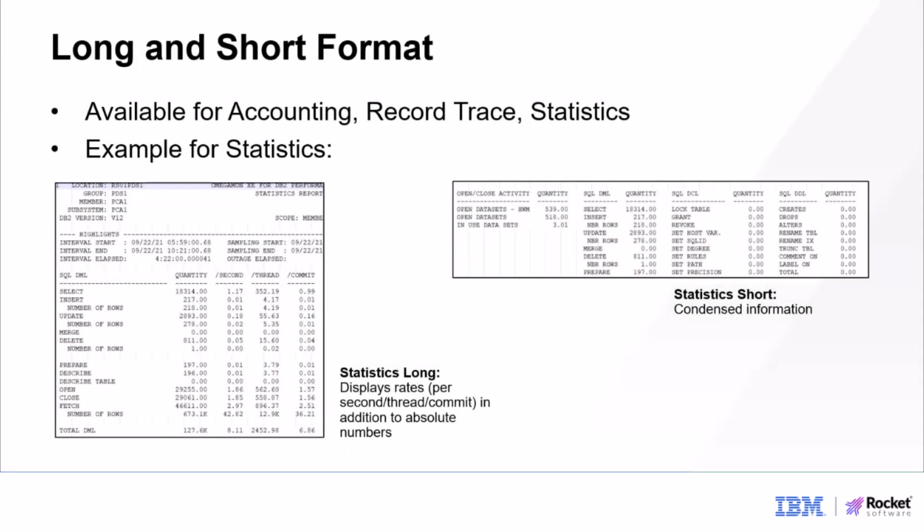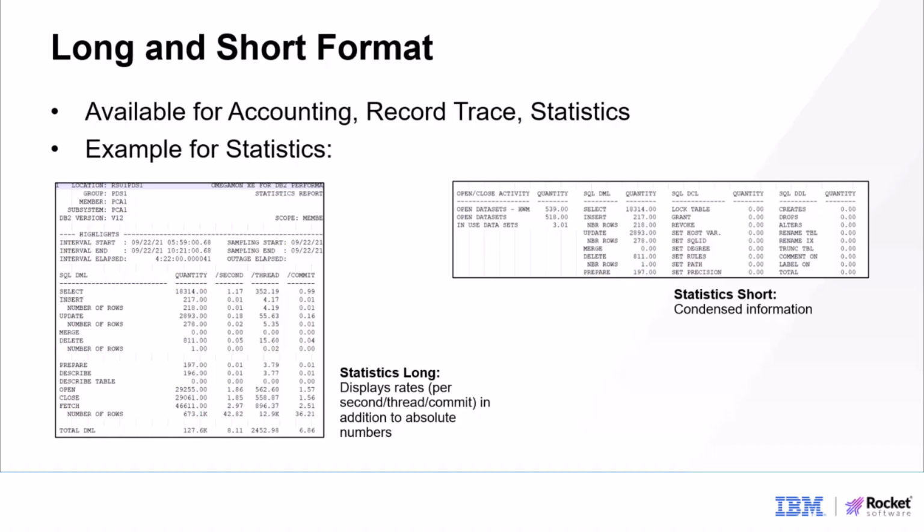So for some of the reports, you have the option of specifying the level of detail in the output. For example, for the accounting, the record trace, and the statistics type of reports, you can choose between a long and a short format. The short format is just a condensed, summarized version of all the activity collected, versus the long, which gives you the detail for each of the individual plans or packages, as an example.